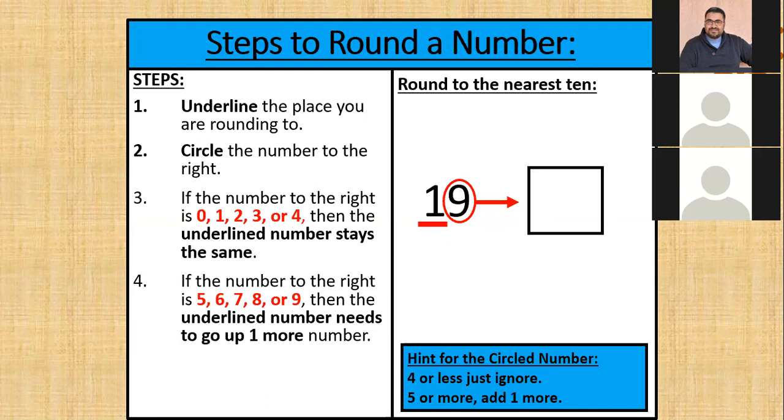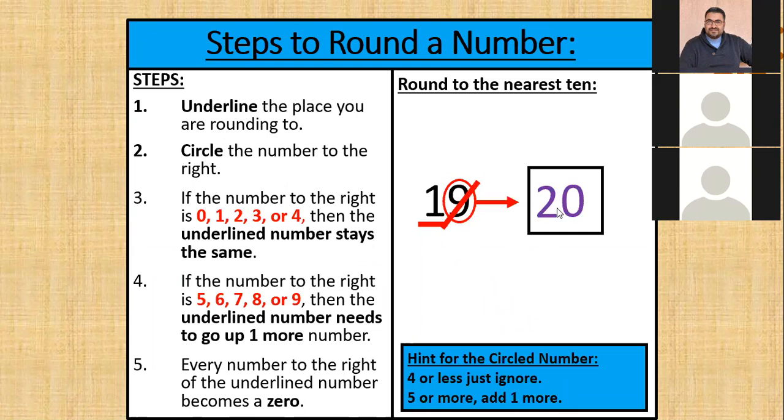So when we see a rich number like 9, we will add 1 to this 1. So 1 will be 2. And the last step, cancel 9 and put 0. Like that. So the final result will be 20. Here we round 19 to the nearest 10.